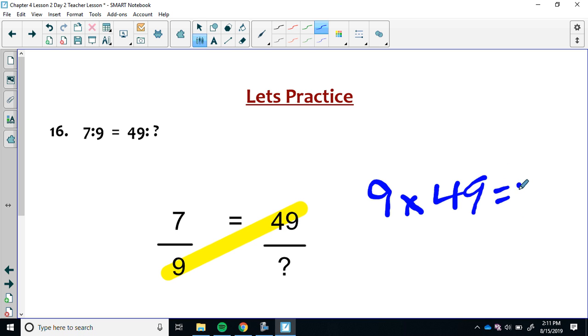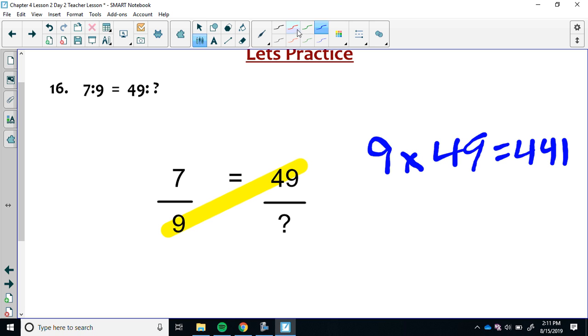Then we're going to take the multiplication answer, 441, and divide it by the number that is left. The number that we haven't used yet is 7. 441 divided by 7 equals 63. So our answer for this question is 63.